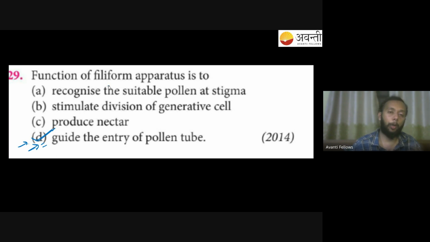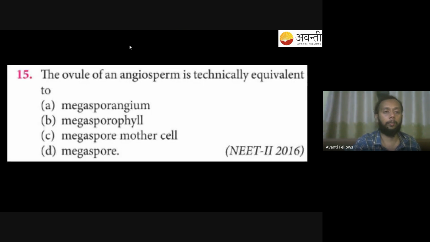Filiform apparatus has a potential to release some chemical attractant. So they are known to release some chemical attractant, and they actually help in guiding the pollen tube towards the ovule, so that it can enter through the micropyle, right?